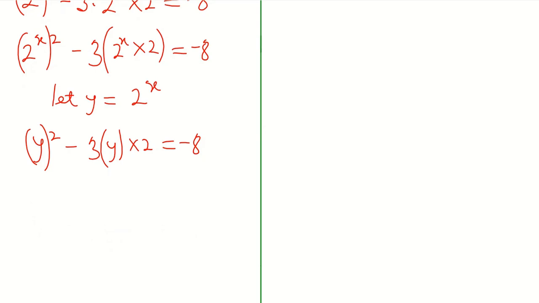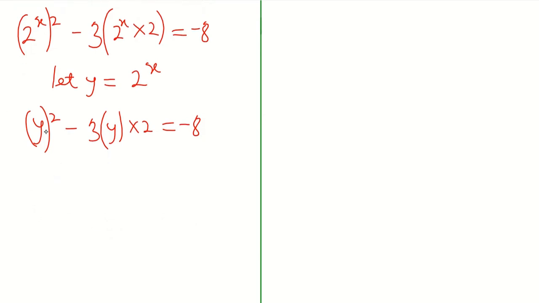And so what next? At this point we can see that we can simplify this, and we have y squared minus, now 3 multiplies 2, we have 6, and then there is y here, so 6y, which is equal to minus 8. And so we can rearrange this, and then we have y squared minus 6y plus 8, which is equal to 0.